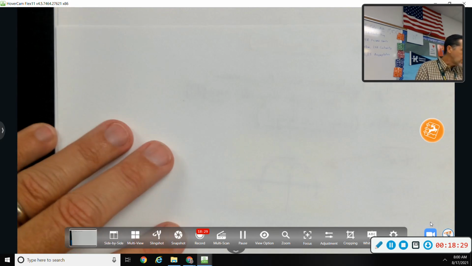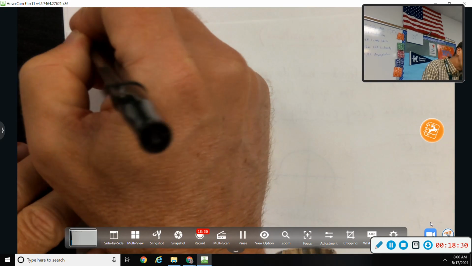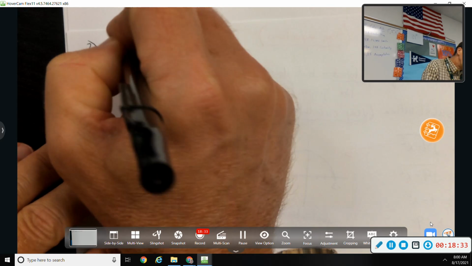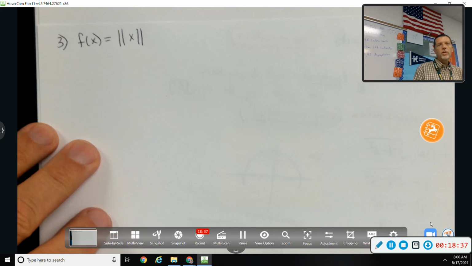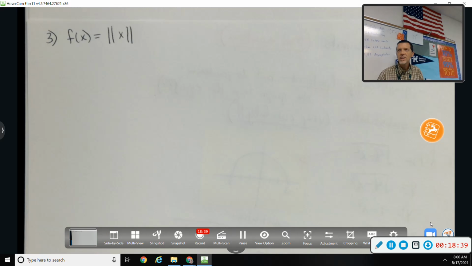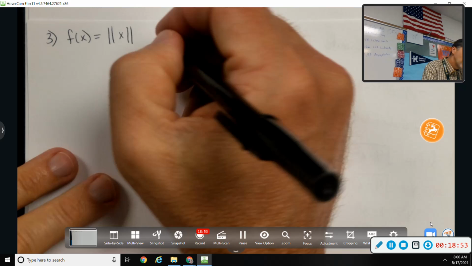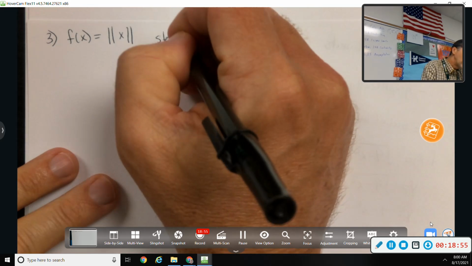Speaking of weird stuff happening, do you remember what that function is? I don't know if we did that in pre-cal, or if we did, it was during the virtual days, because we're doing it right now, but that's a long time ago for you guys. It's called the step function.